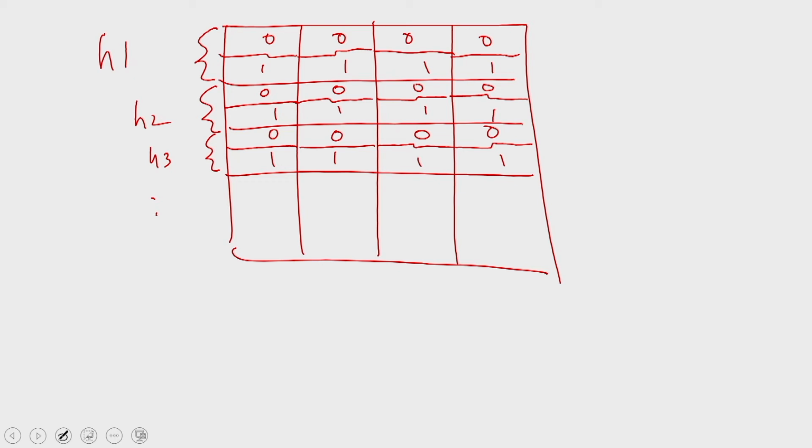So the entire mesh now looks like this. Each horizontal slice has some number of clean rows at the top and some number of clean rows at the bottom. The top clean rows are 0 rows and the bottom clean rows are 1 rows, and then in between there could be at most 2 dirty rows. So this is how each horizontal slice now looks.